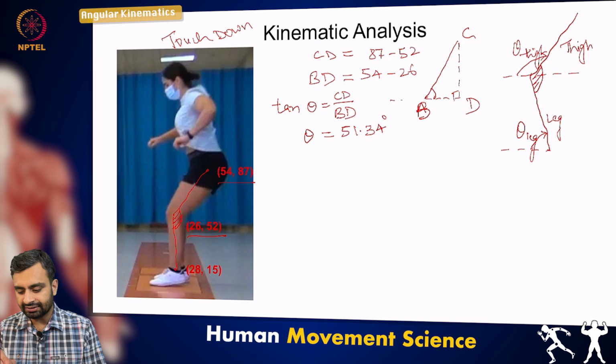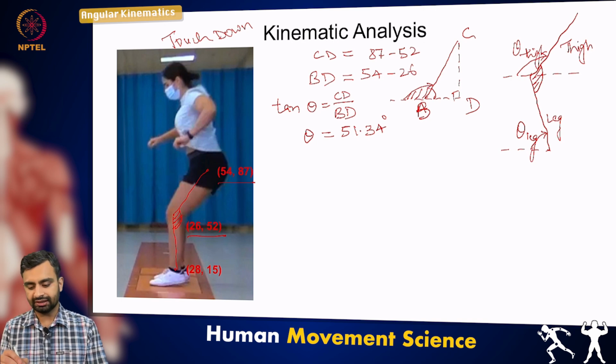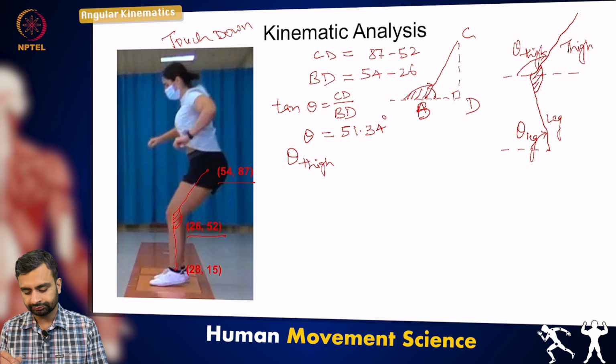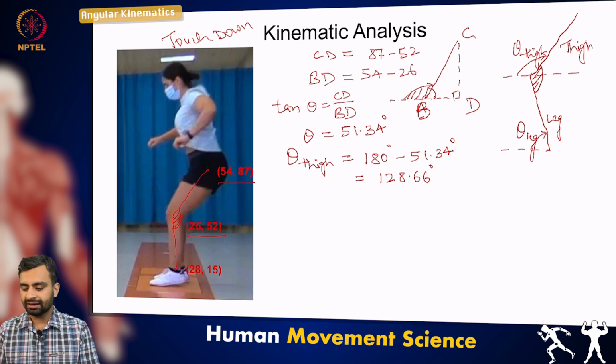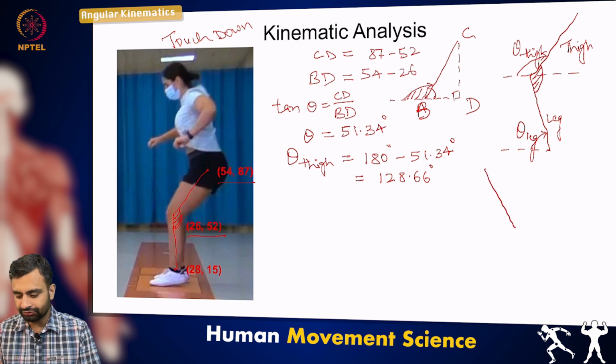Since we are interested in finding this angle over here, the shaded portion, that is theta thigh, which is equal to 180 degrees minus 51.34 degrees, which is equal to 128.66 degrees.